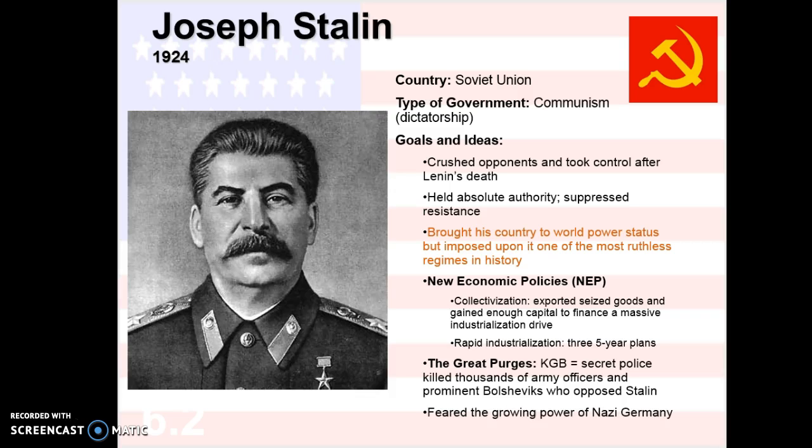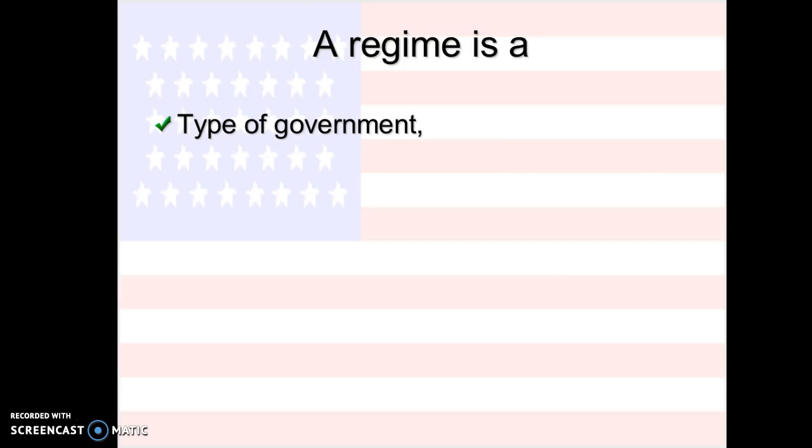He had the KGB, his secret police, which killed thousands of army officers and very prominent Bolsheviks who opposed Stalin. He was very fearful of the growing power of Nazi Germany. Keep in mind that Joseph Stalin will be on the Allied powers, but he's also a totalitarian dictator. He's very ruthless.